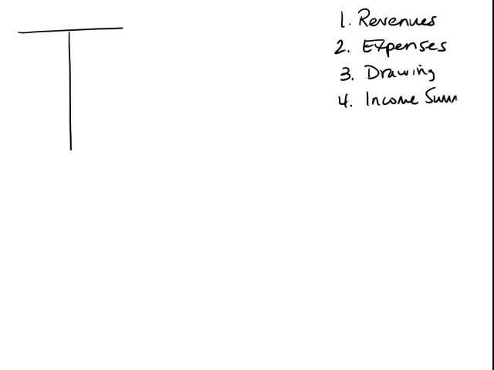We're going to close revenues. We're going to close expenses. We're going to close drawing. And we're going to close income summary. Okay, so those are our 4 entries. Close revenues, expenses, drawing, and income summary.